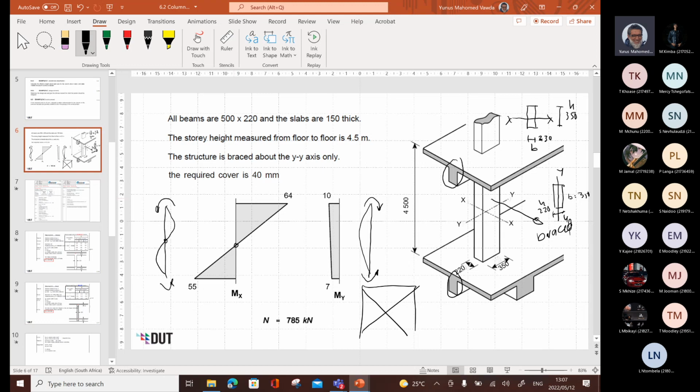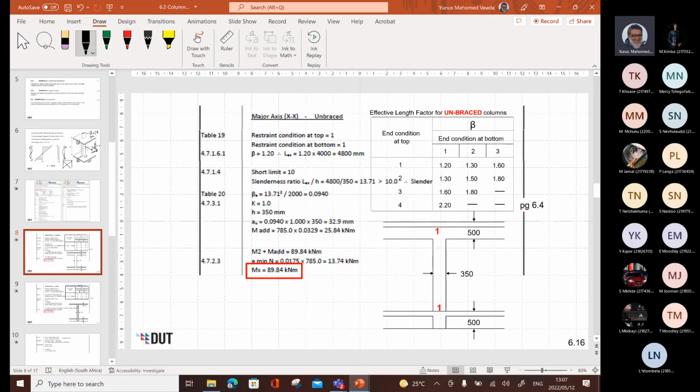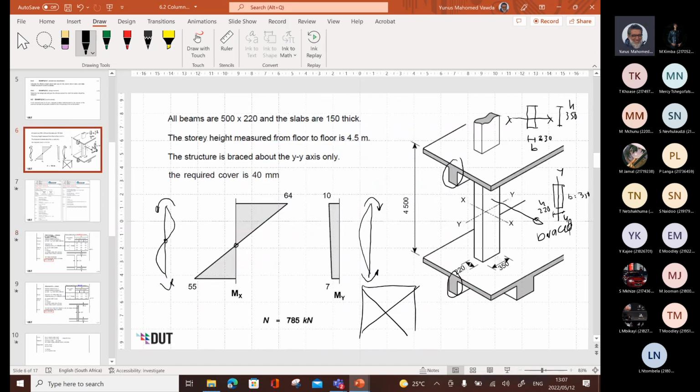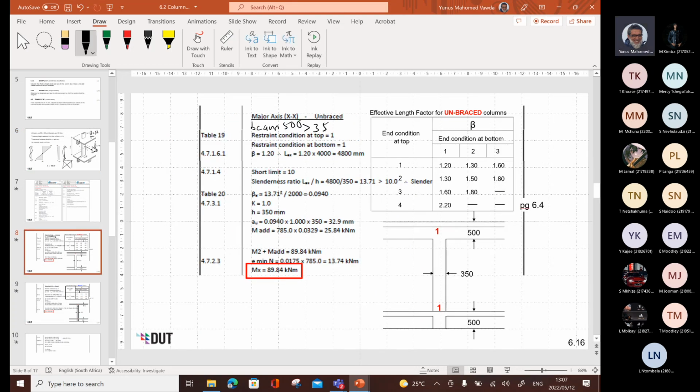Those beams are 500. So if you put a reason for it, you will say beam depth 500 is greater than the column depth 350, taking into consideration the appropriate axis.